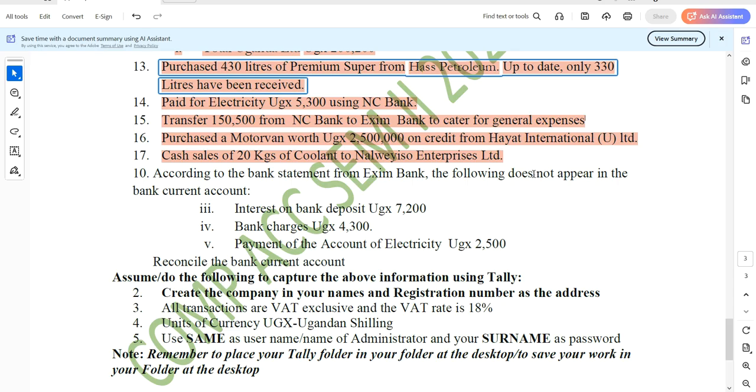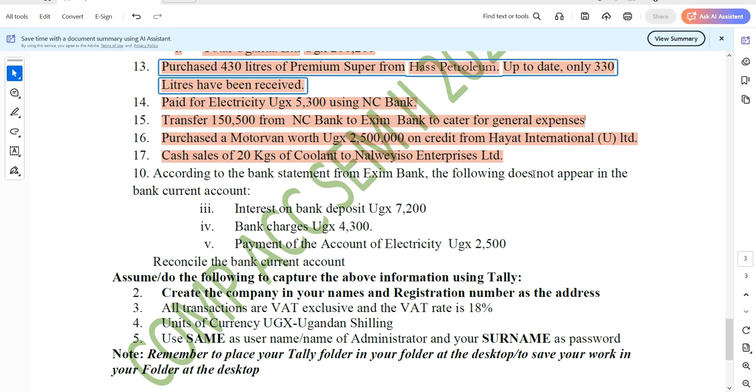We have to put them on our Exim Bank account. There was interest paid on bank deposit, there are bank charges, and then you also have payment of the electricity account.